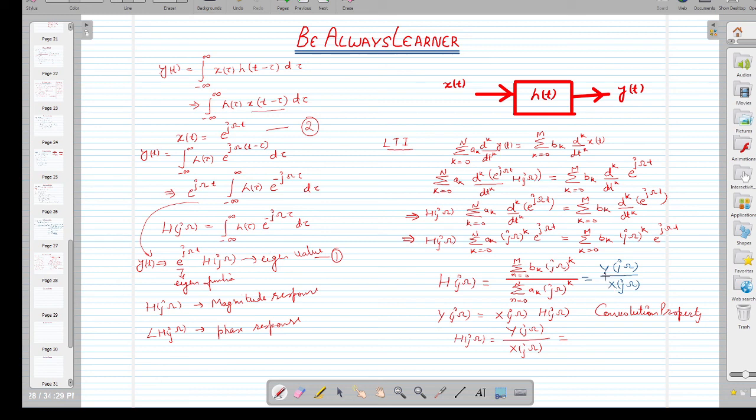This result will give us the response in the frequency domain. So that's how we can calculate and analyze the system, and we can have the response of the system in frequency domain for an exponential input signal.